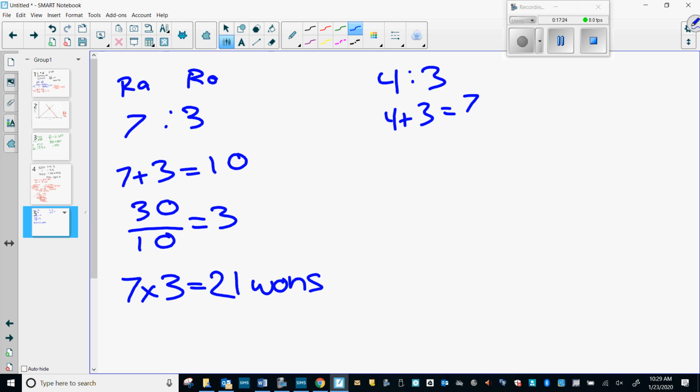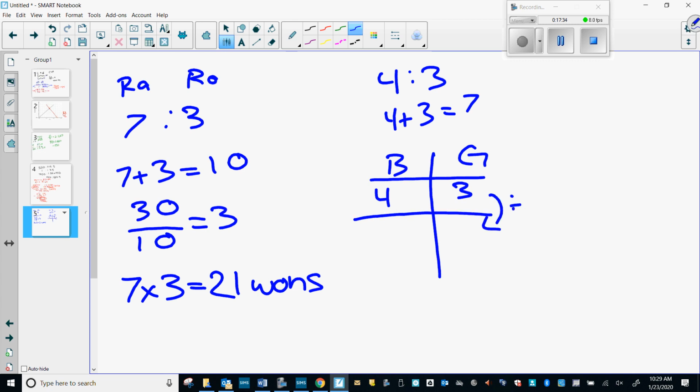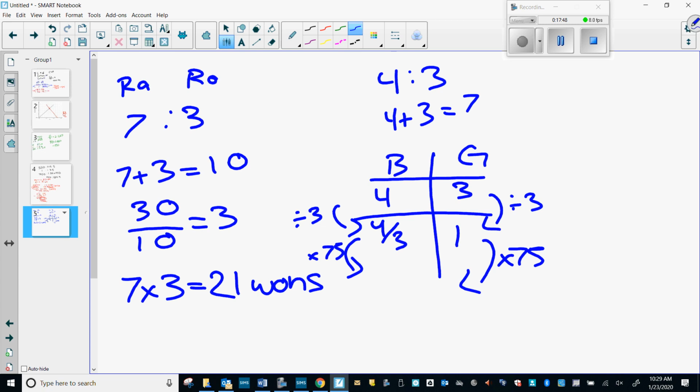The ratio of boys to girls is 4 and 3. To get the girls to 1, you divide by 3 on both sides, which gives you 4 over 3 and 1. Then you times by 75, which gives you 100 boys.